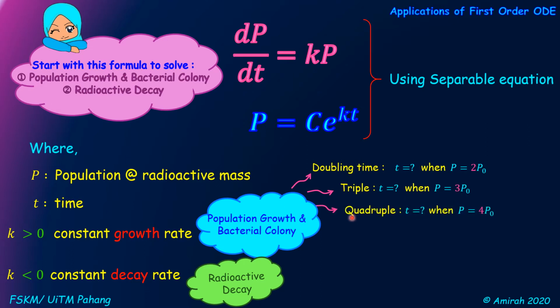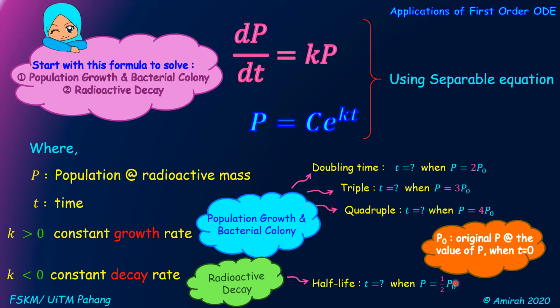If the word is quadruple, we need to find t when P equals 4 P naught. In radioactive decay, there is an important term called half-life, which means we find t when P equals half P naught.